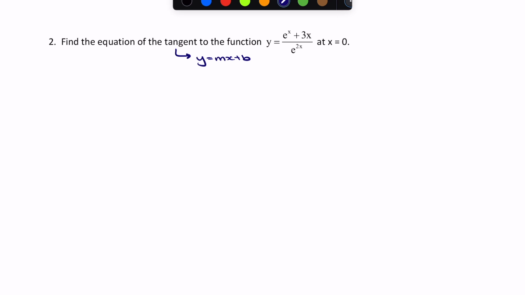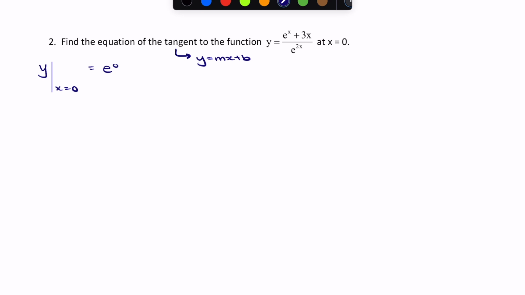So again, first thing we want to do is find the point, because we know that x is equal to 0, we want to find the corresponding y value. So we'll do that first. So we'll find the y value when x is equal to 0. So sub those into our equation.